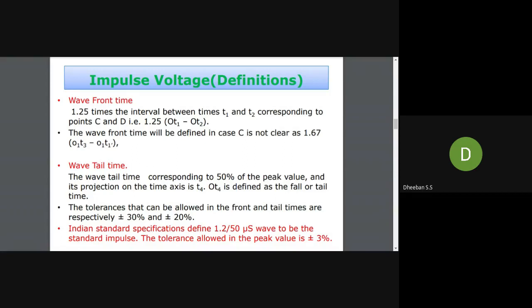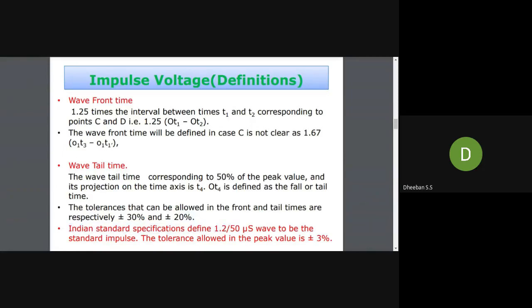Similar to that, as per your Indian standards, they have given the time period for the wavefront time and the wave tail time. They are defining your waveform as 1.2 microseconds for your wavefront time and 50 microseconds for your wave tail time. So here they have given the time period. This is for a very standard impulse voltage.